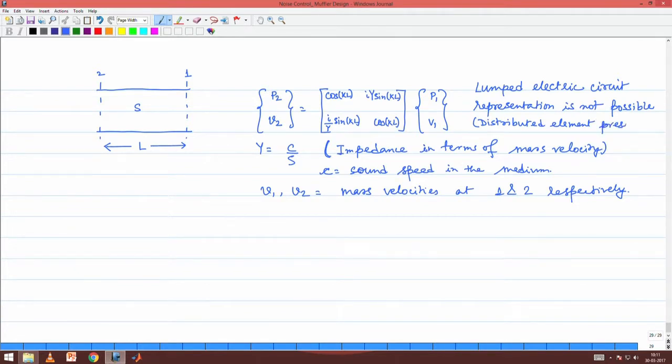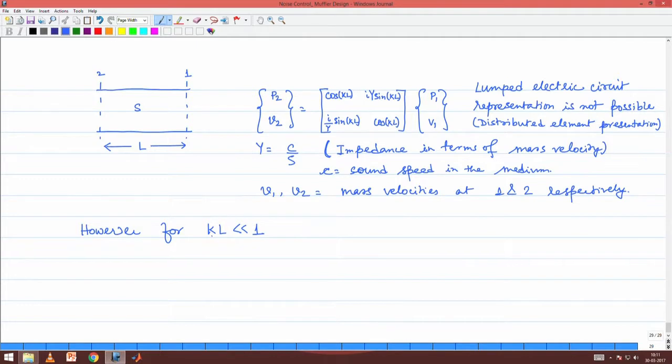but let us instead try to think about some approximation under which this situation will render itself to a lumped approximation. So, however, for the special case that kL is much less than 1. What does that mean? k is the wave number, L is the characteristic length of this problem.